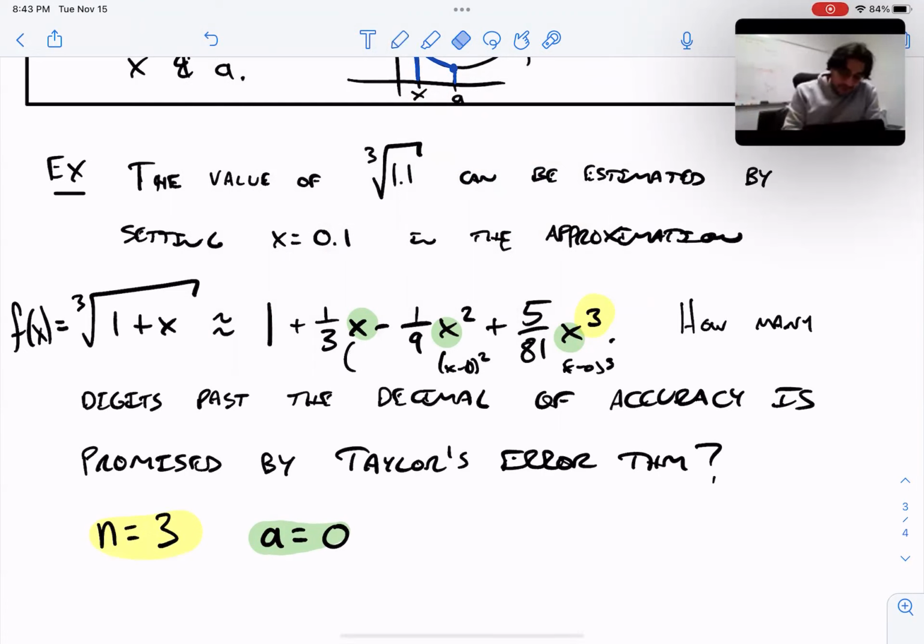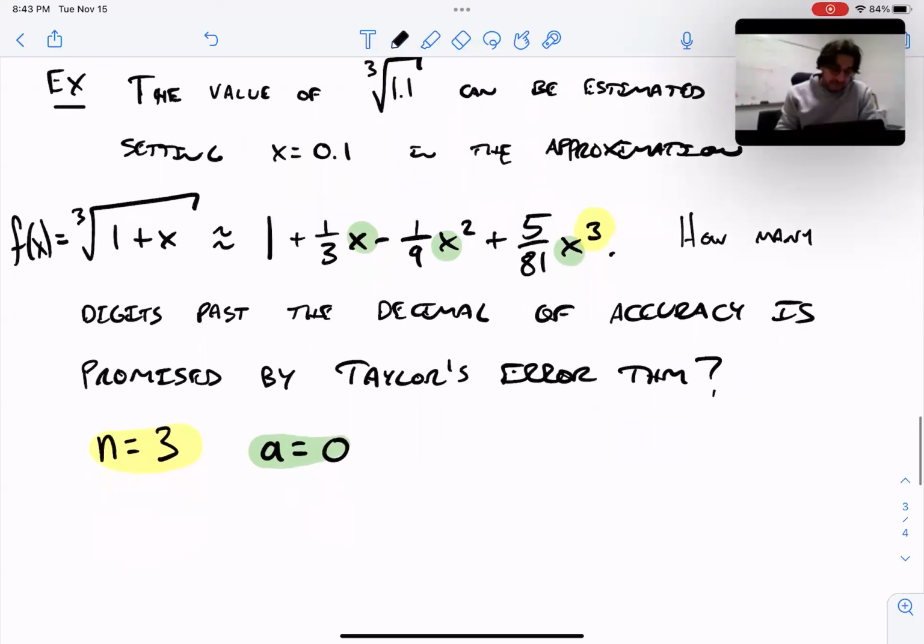Okay. Then what else do we have? We have the function. We already found the function was this cubed root of 1 plus x. We also need M, this big M. So what is big M? Big M is going to be the max value on what interval?